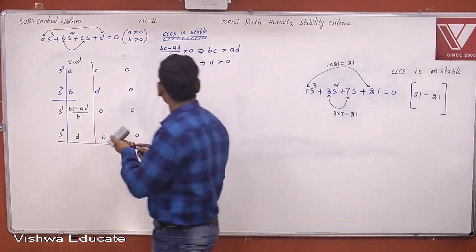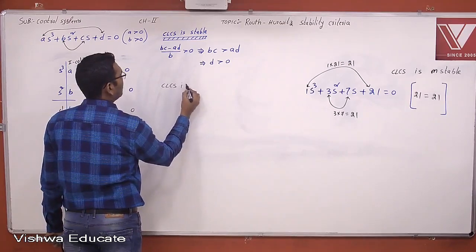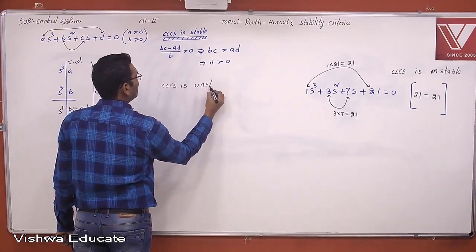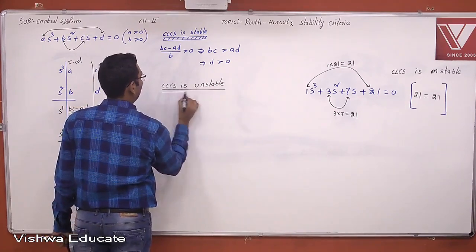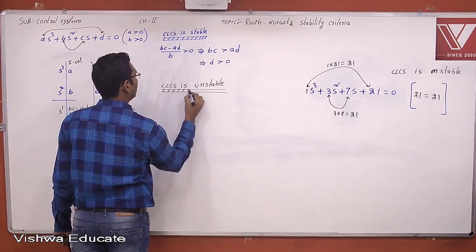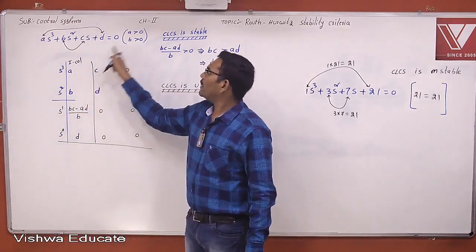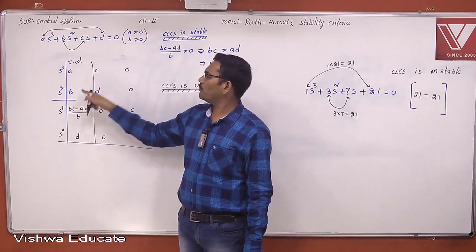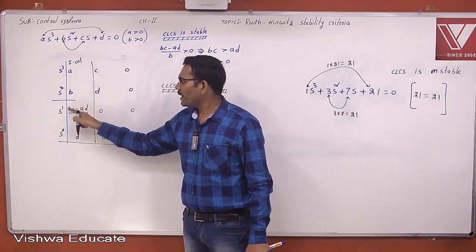Now similarly, when the closed loop control system is unstable, for the system to be unstable, at least one sign change is required. At least one sign change is sufficient to maintain the system instability. Now A is positive, B is positive, B greater than 0. Positive, positive. Can I make this negative?